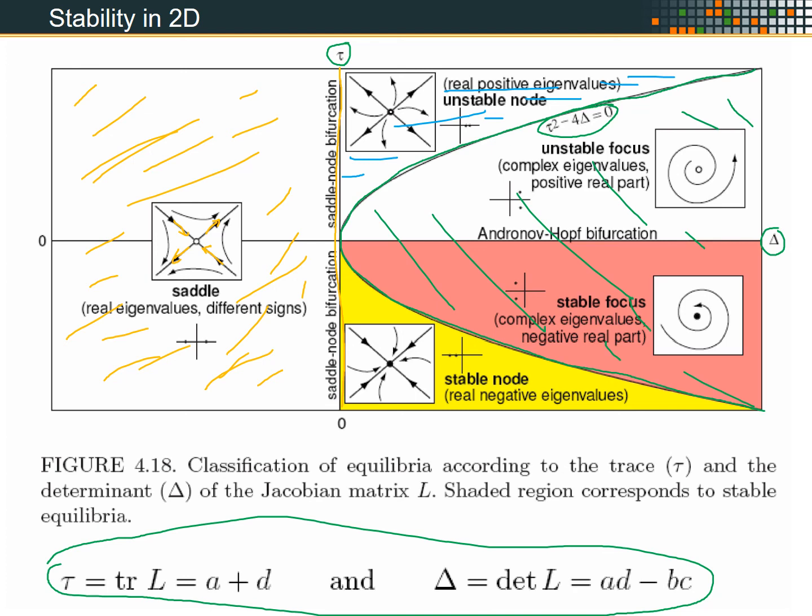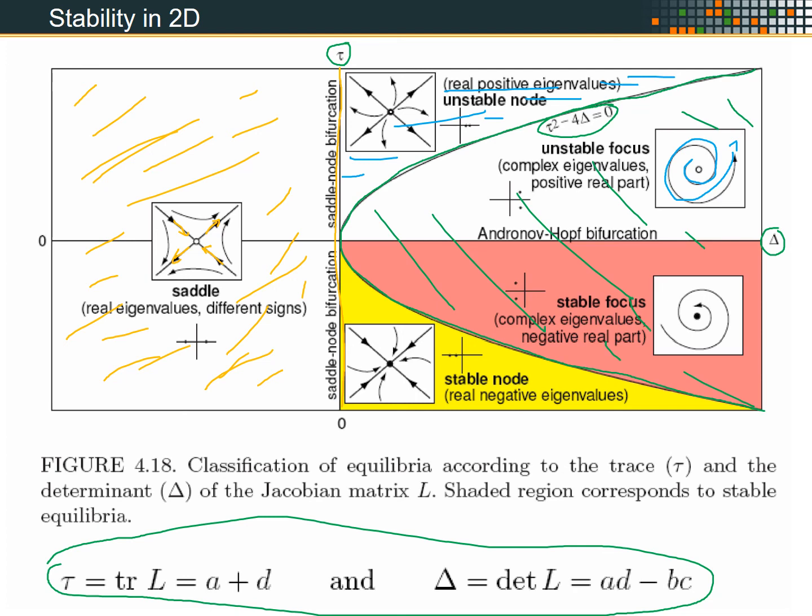And we again have two different solutions. Above the center line, we have an unstable focus. That means we have an unstable solution, but instead of being repelled on a straight line, the system is repelled on a spiral, which corresponds to the periodic solution.